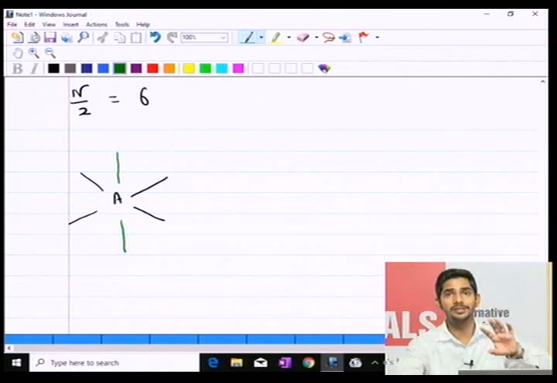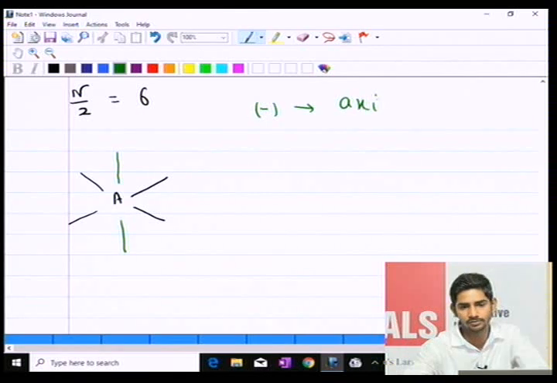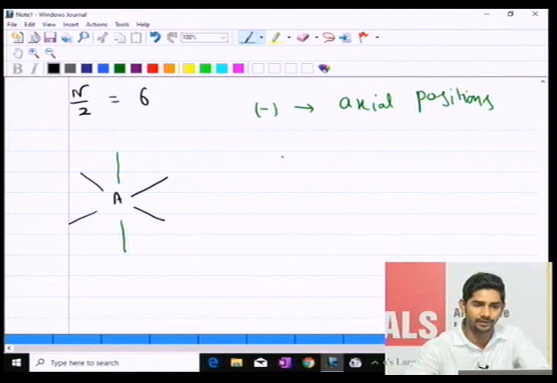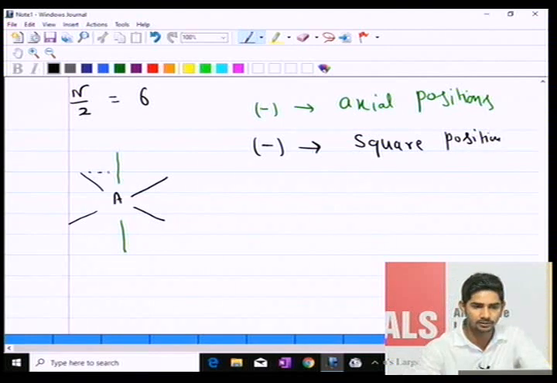Because these 4 are in the same plane, that's why they are known as either planar or square positions. So guys, first of all, these are your axial bonds, or you can say the axial positions. And the bonds in the black are the square positions. Look at this. These are the square positions.